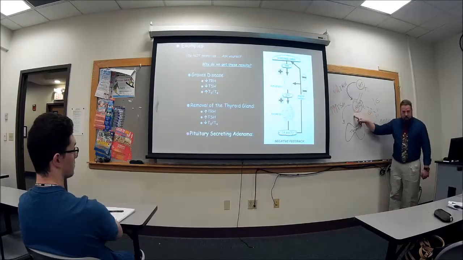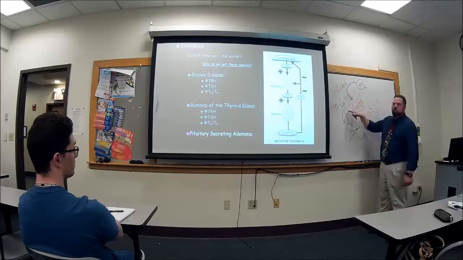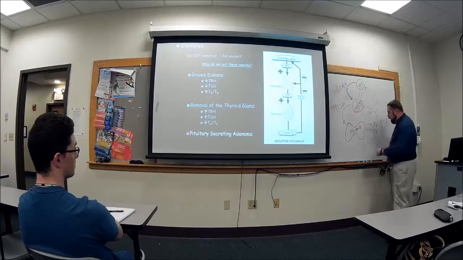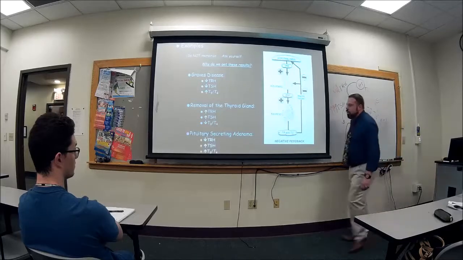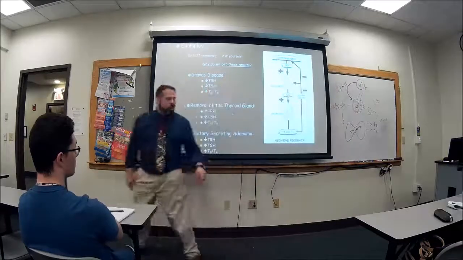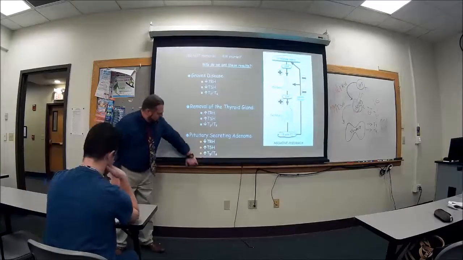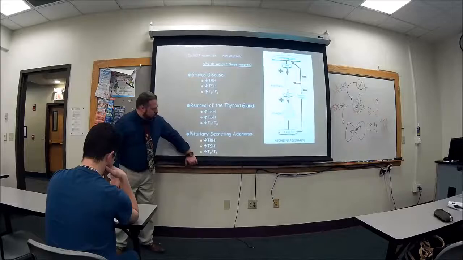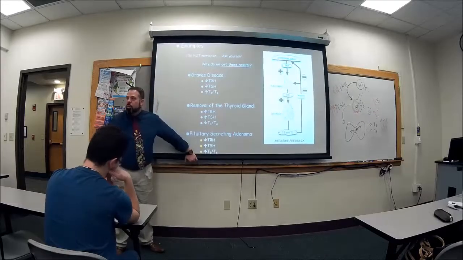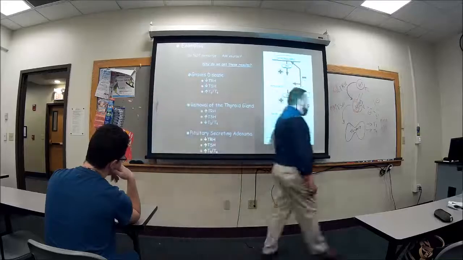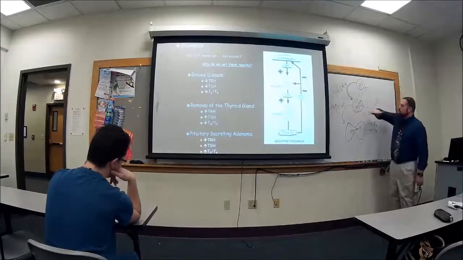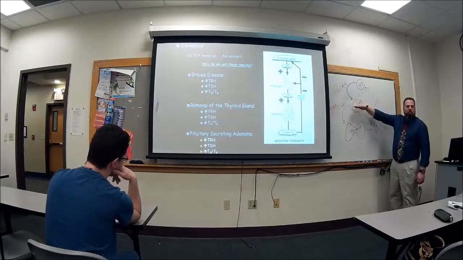Decrease, but right, even if there's less of this, this is still going to put out. So now you have a different situation. Here's where you have a decrease of TRH, an increase of TSH, and an increase of T3, T4. Does that make sense? Right? So if you have those results, it's got to be happening here, at this level.